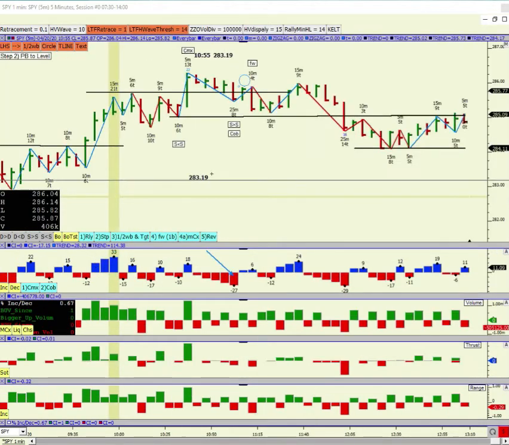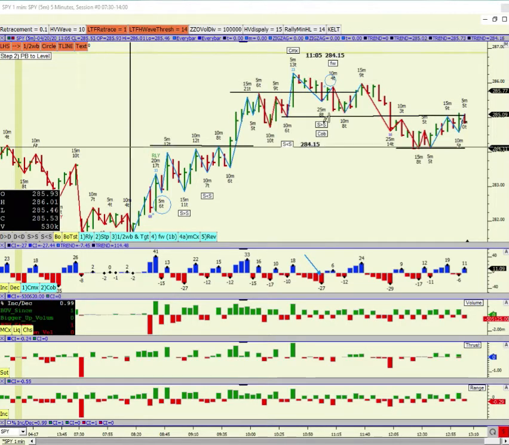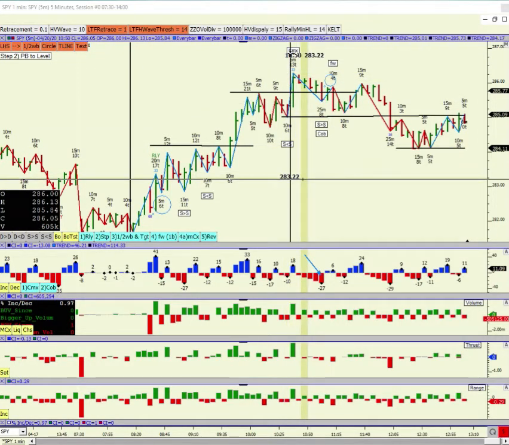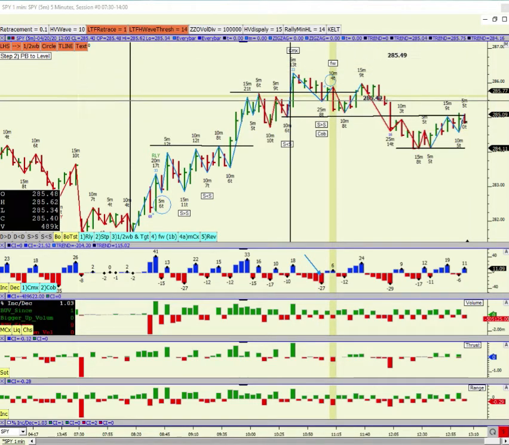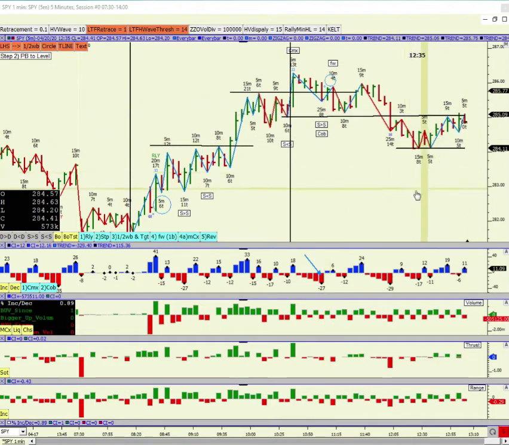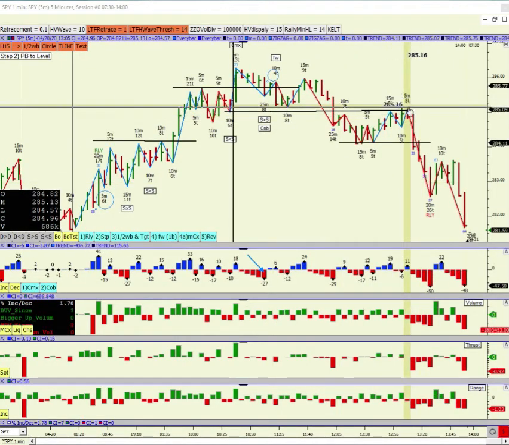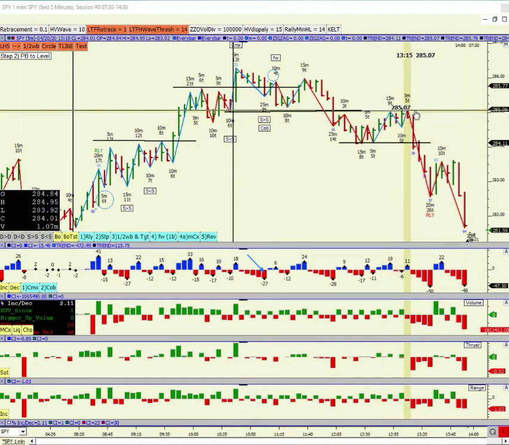Anyway, so this is the left-hand side of the trend right there. So you have your climax, you have your change of behavior, you have your weakness in trend, and then you have your breakout. And now what you're looking for is a test of that breakout. This is very nice. It basically rallies down, test, retest, sell.